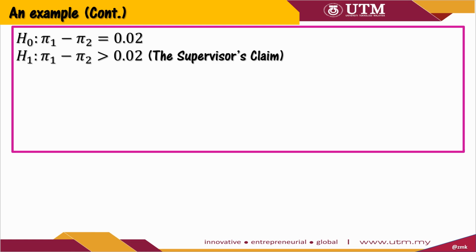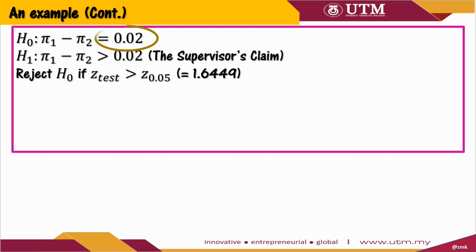The rejection rule is then reject H0 if z-test is greater than z 0.05, which is 1.6449. Since we have a value of 0.02 under the null hypothesis H0, then we have case 1 where we will use p1 and p2 in the test statistic defined as follows.